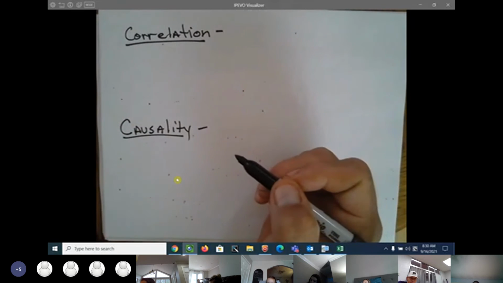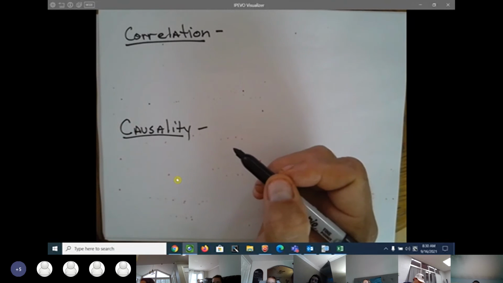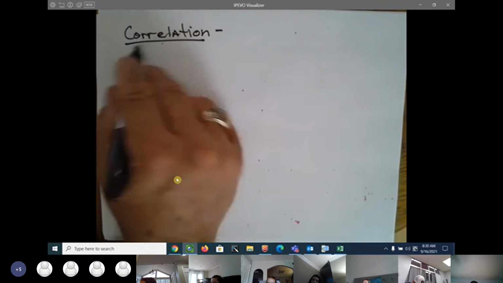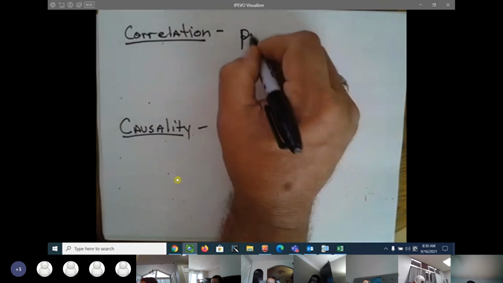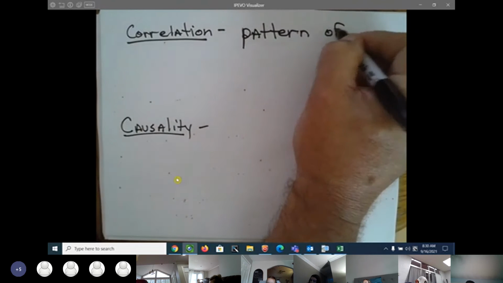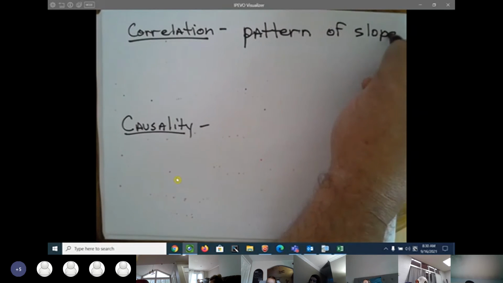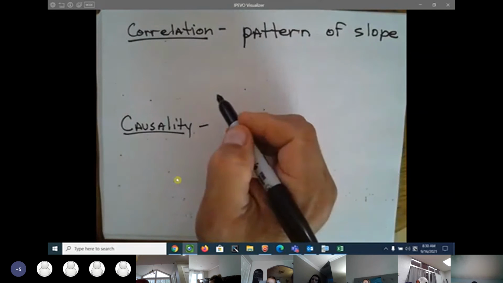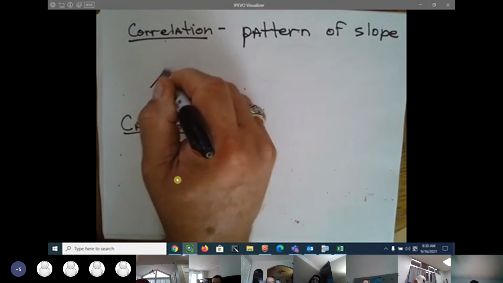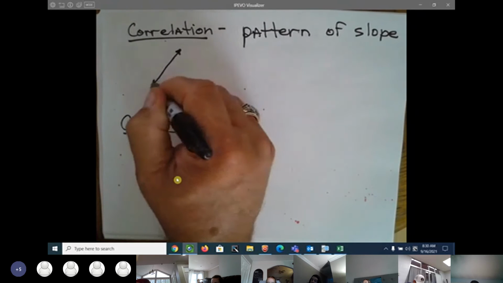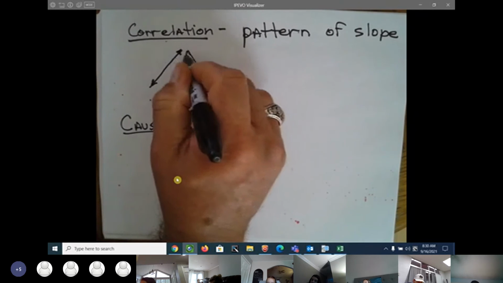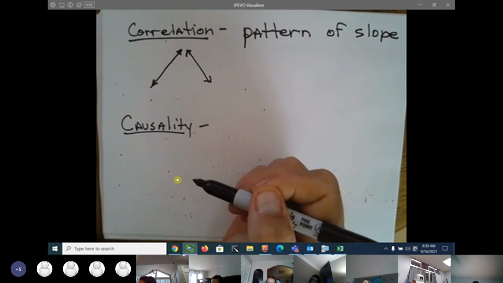Well, I'm going to give you the Hubertism definition. Okay? The Hubertism definition is correlation is a pattern of slope. Do you see a pattern of slope? You either have a very strong correlation, whether it's positive or negative, meaning it's close to 1 or negative 1.